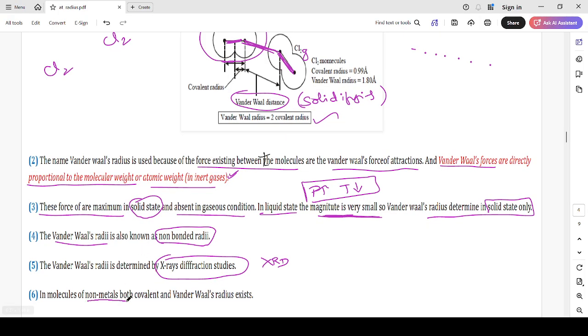In molecules of non-metals, that means I'm talking about gaseous non-metals, both covalent and van der Waals radius exist. Yes, we just now saw here. Covalent was also there. Van der Waals was also there.